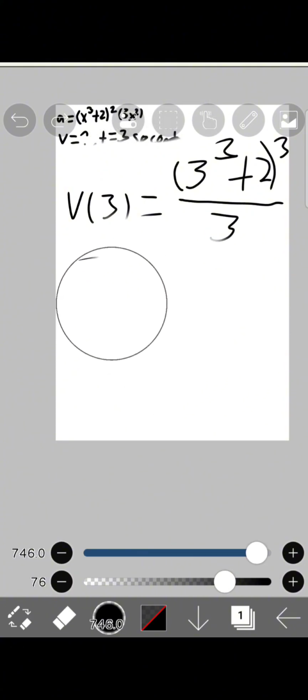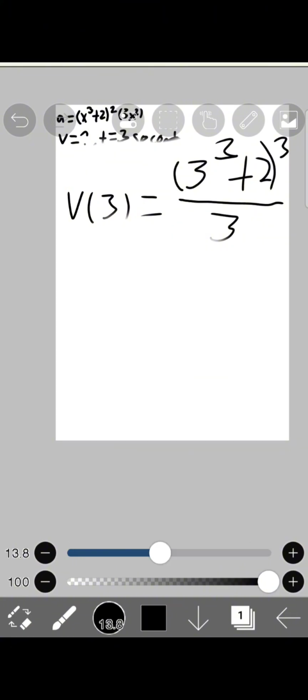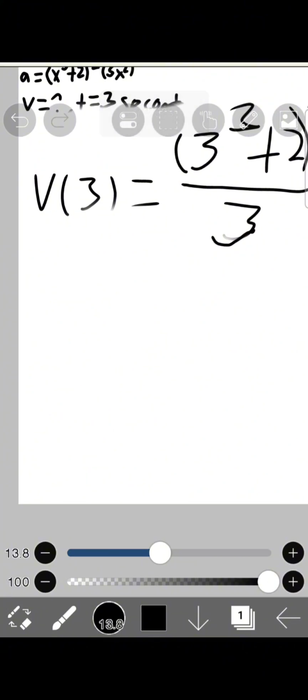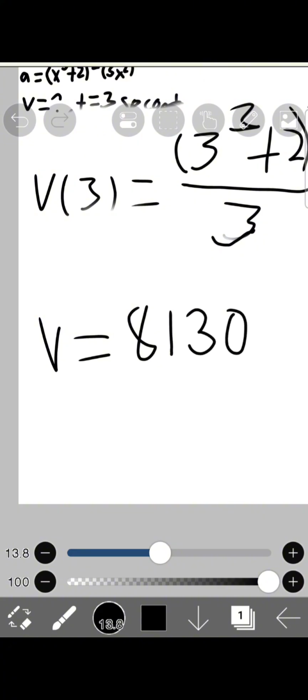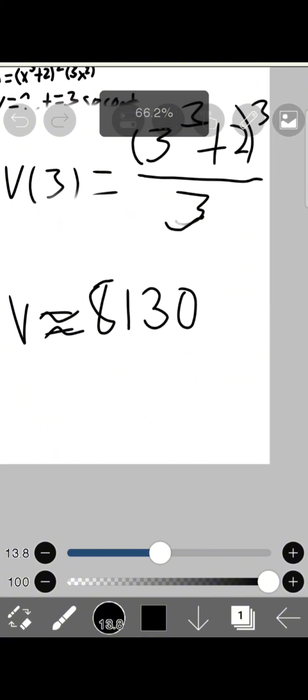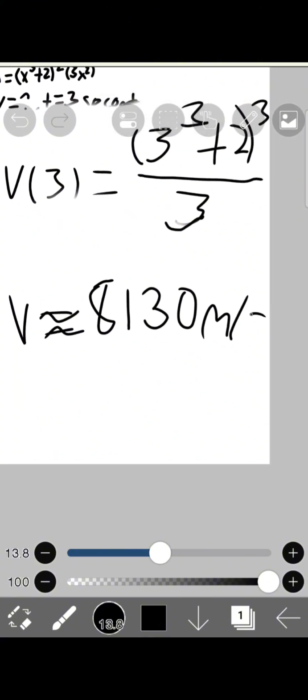And in order to express this as a decimal, since that's how we're supposed to calculate it in physics, we have approximately 8,130 meters per second.